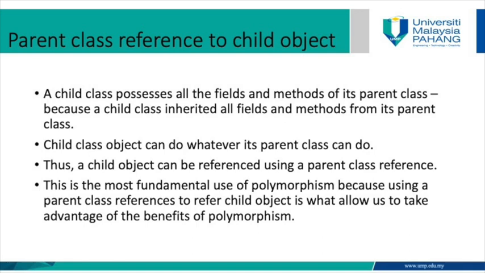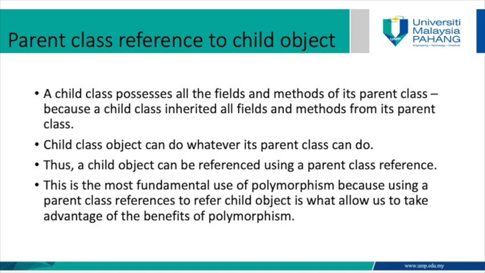The child class object can do whatever its parent can do. Whatever the parent class does, the child class can also do. That makes it possible for the child object to be referenced using a parent class reference.